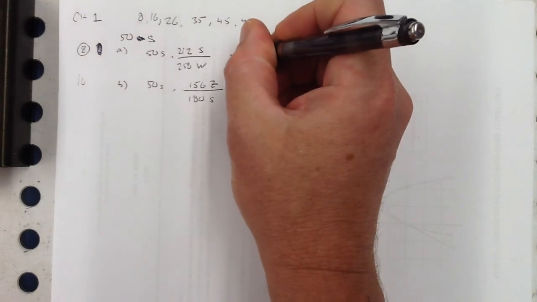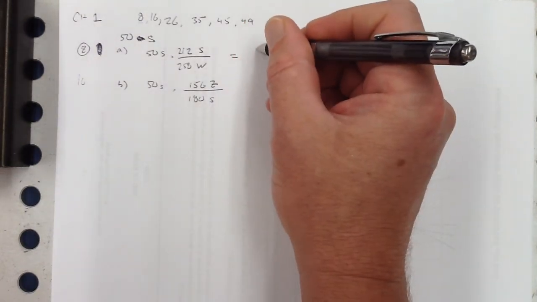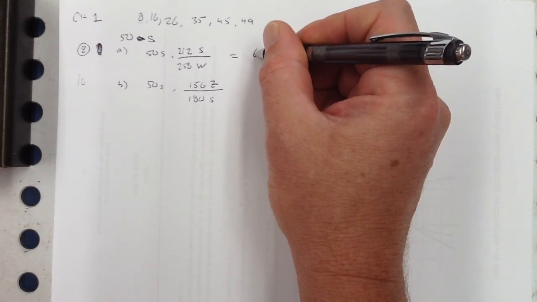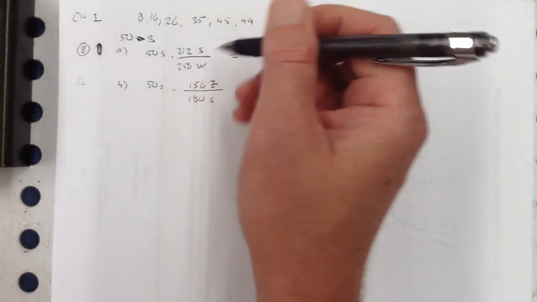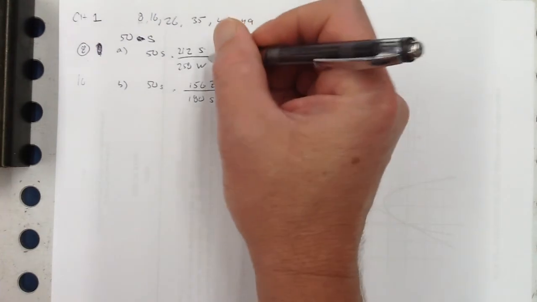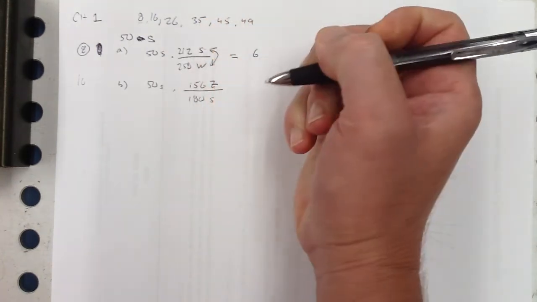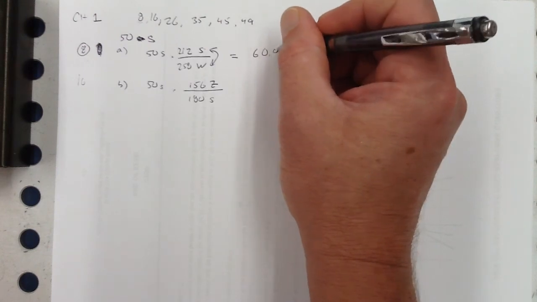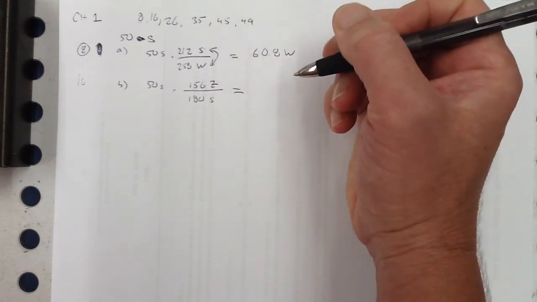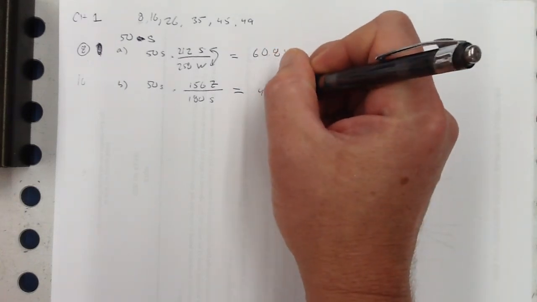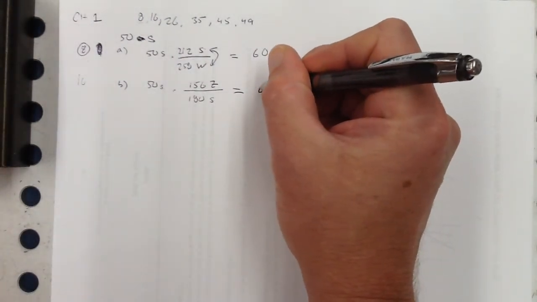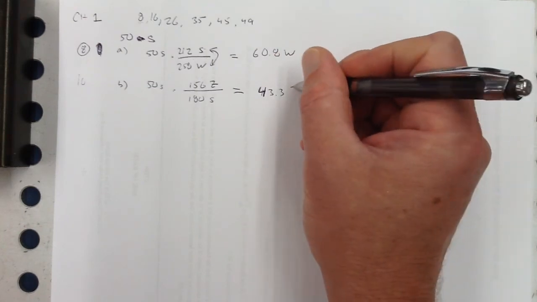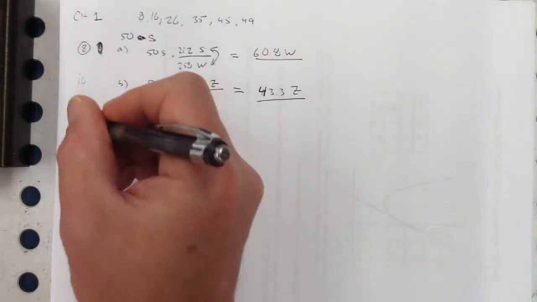Then you can multiply those out. Oh, I did this one upside down. Sorry. My smoots aren't going to cancel there, are they? So flip that over and then multiply, and you should get the right answer of about 60.8 willies, and here you should get about 43.3. I don't know why I put an extra decimal point there. That's weird. It's not allowed. Only one decimal point per number, please. All right.